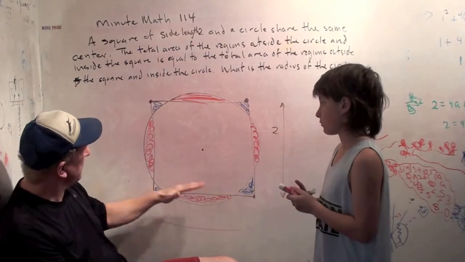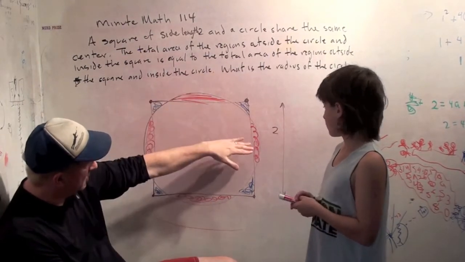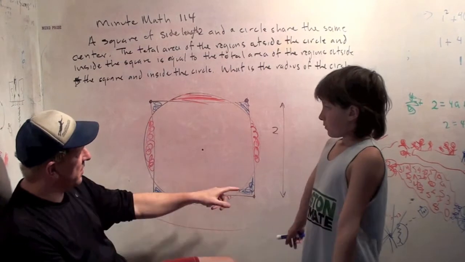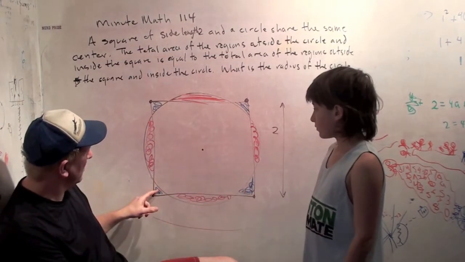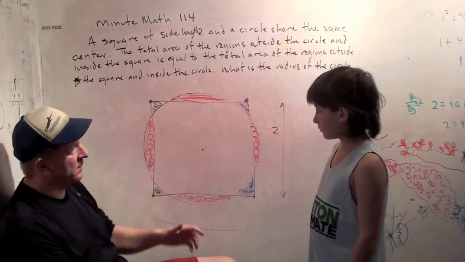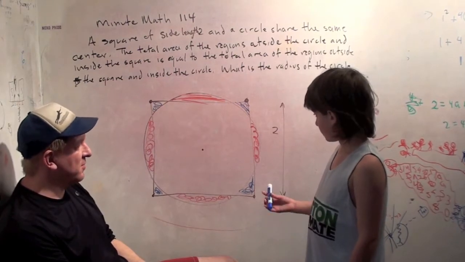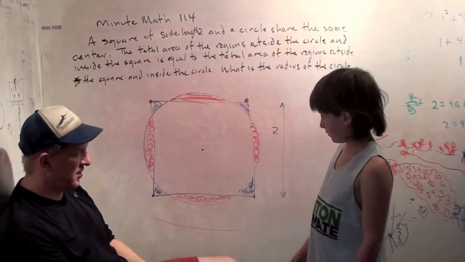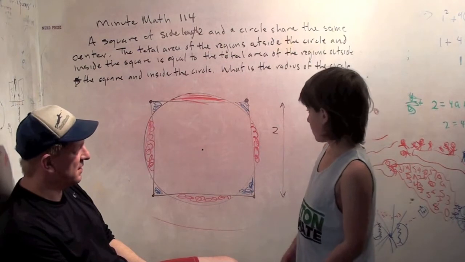And it says the sum of these areas that's outside the square is equal to the sum of the areas that are inside the square, but outside the circle. Okay? So what do you think that implies? There's a really interesting geometric idea here. What do you think that means?